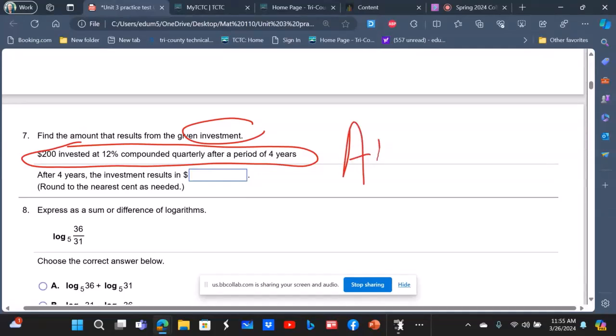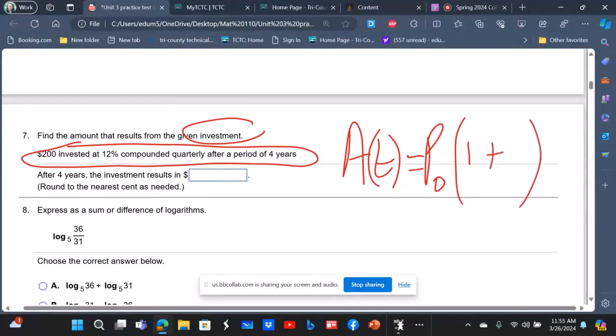So the first thing is write the formula for compound interest.